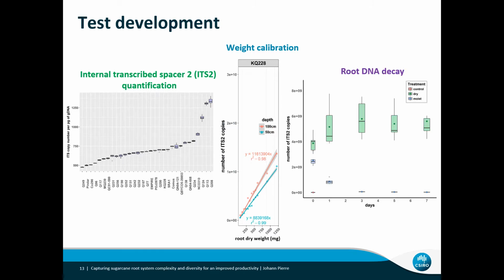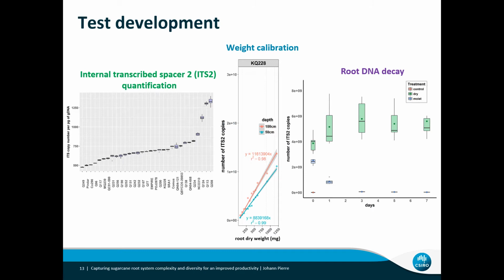Finally, we tested the ability of our method to detect only live roots. To do this, we took moist soil and air-dry soil, and we mixed sugarcane roots with dry or moist soil.